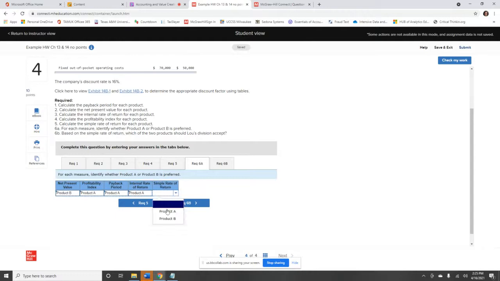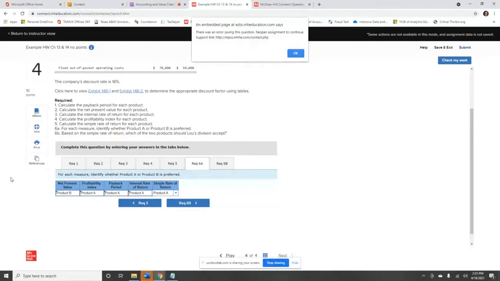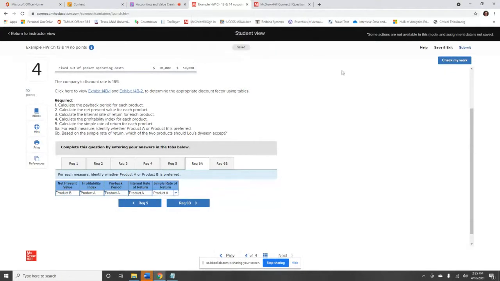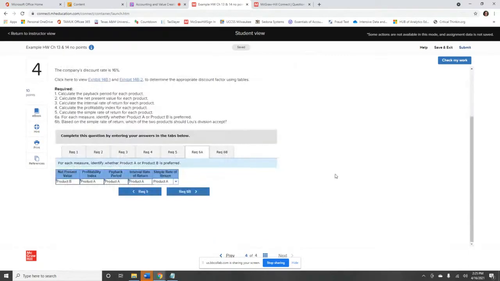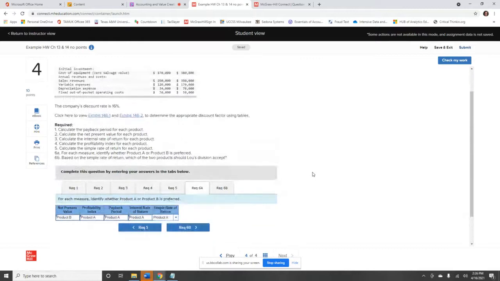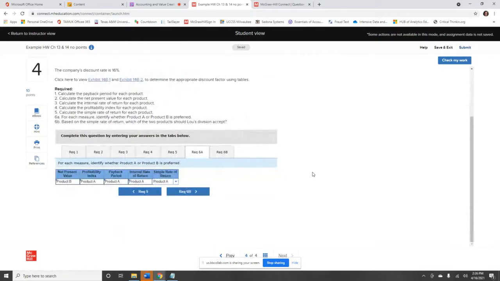So interestingly, A is kind of looking like a winner. B, though, net present value is not to be denied. Of course, remember, you're basing that net present value on a discount rate of 16, which may or may not be actually your best rate. I'd have to understand where we came up with that discount rate.